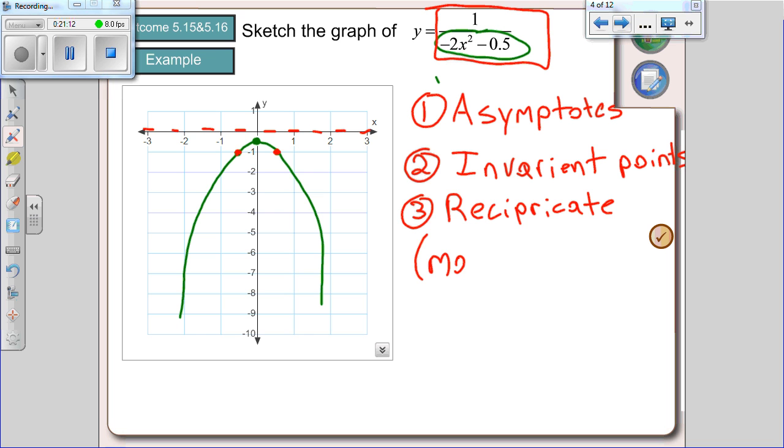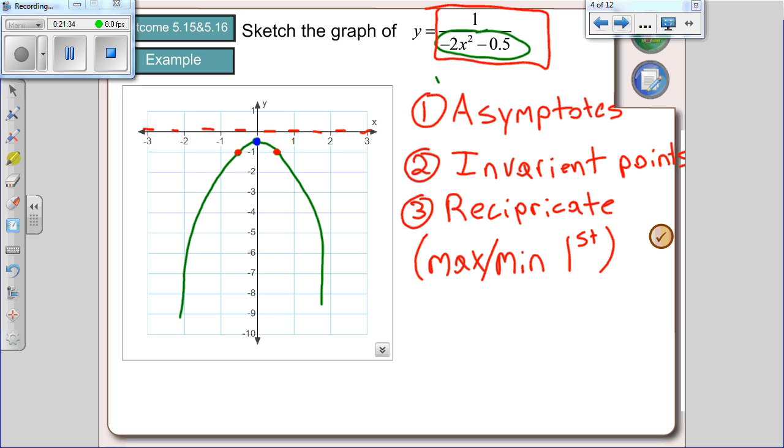That has to be the first thing you reciprocate. So that's what we're gonna figure out right now. This is what reciprocate means. Go to your maximum. It's right here. I'm gonna draw it. It is 0.5.